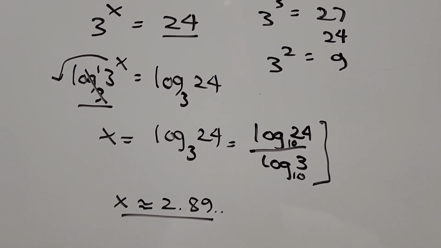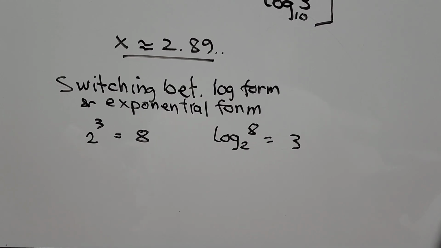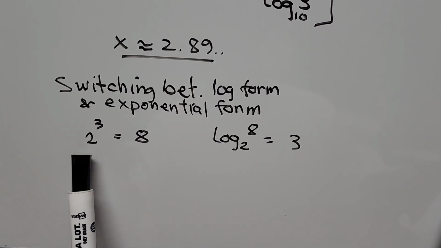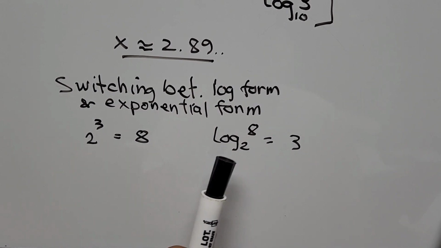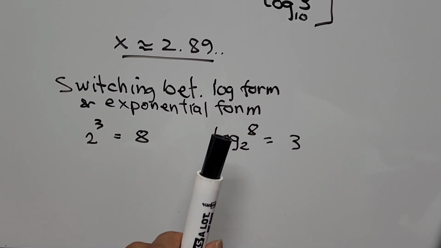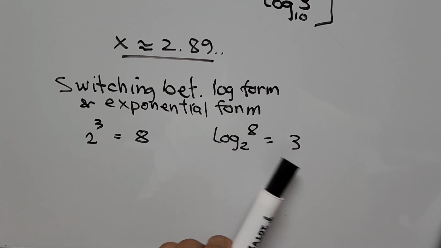So let's start with the transformation of exponential form to logarithmic form, or vice versa. Let's say we have here an example: 2 to the power of 3 equals 8. That's the exponential form. And the logarithmic form is log of 8 base 2 equals 3.